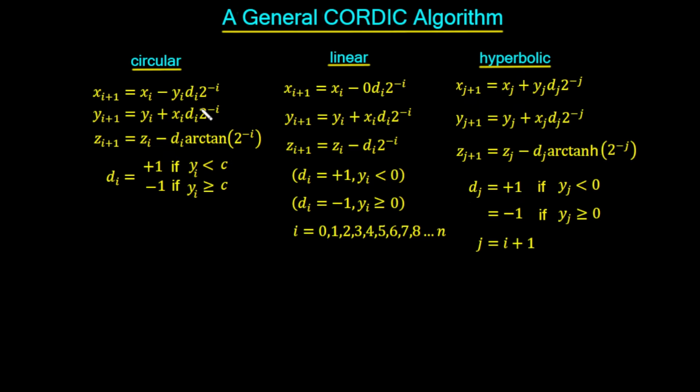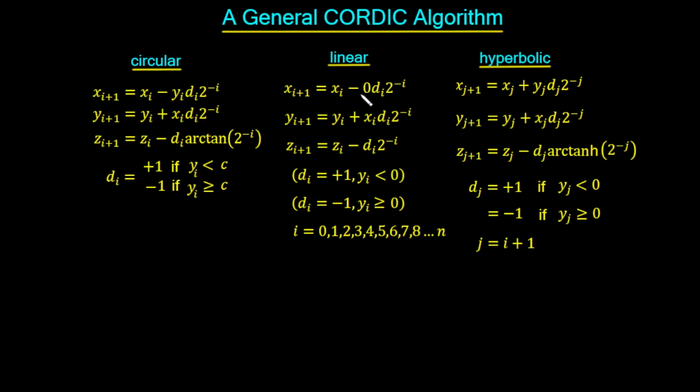So what we can do in order to go from circular to linear to hyperbolic is add in an extra term here. We could call that term m. Now when m is equal to 1, then we just have this here, which will be circular.